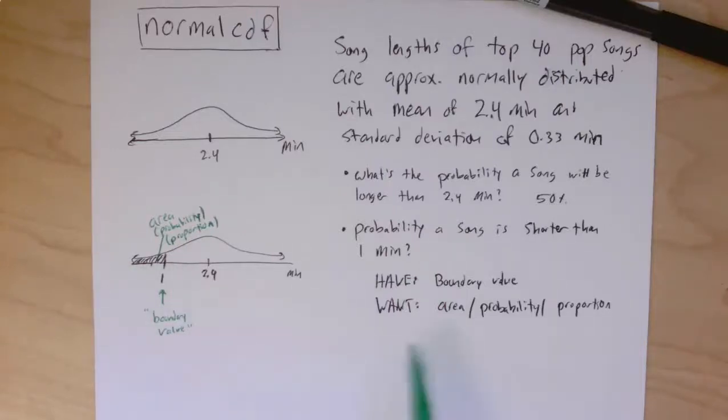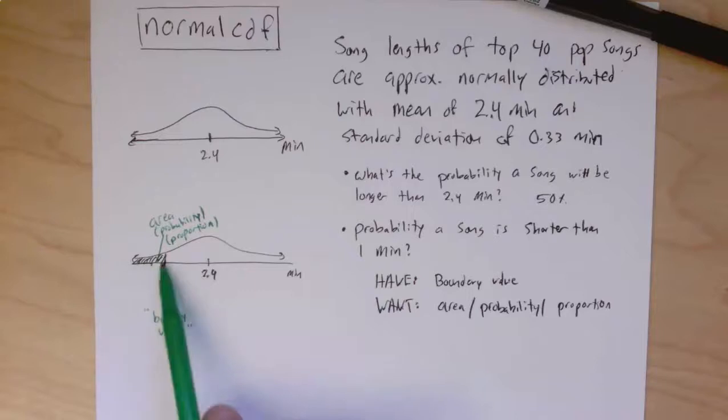So if I wanted to know what proportion of songs have a length of less than 1 minute, that's this area. If I want to know the probability that a song has a length less than 1 minute, that's that area. If I want to know the probability that a song is more than 1 minute, that would be the area to the right of the boundary value.